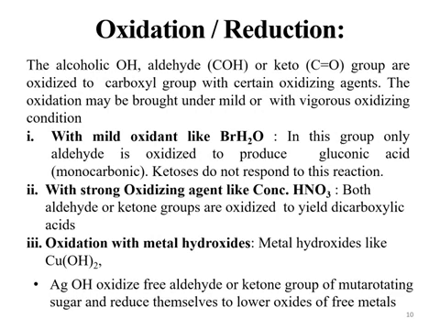In this case, only the aldehyde is oxidized to produce gluconic acid or a monocarboxylic acid, and ketoses do not respond to this reaction. So this reaction is specifically for the detection of aldehydes. With a strong oxidizing agent like concentrated HNO3, both aldehyde and ketone groups are oxidized to yield dicarboxylic acids. The third condition is oxidation with metal hydroxides.